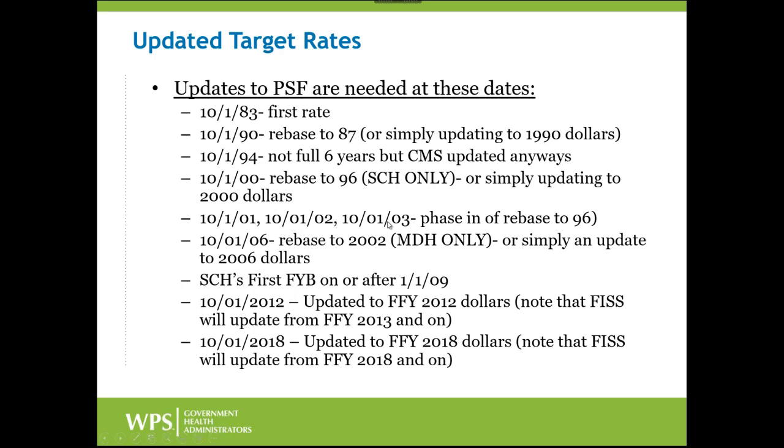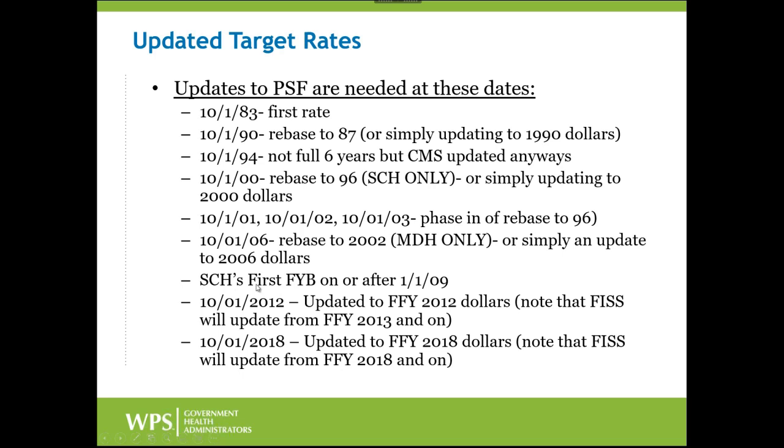The next round, there was a phase-in to this 96 rate, so that's why changes were made here. At 10/1/06, this was either an inflation or a rebase to 2002 for certain Medicare Dependent Hospitals. There was another inflation for the first fiscal year beginning on or after 1/1/09.